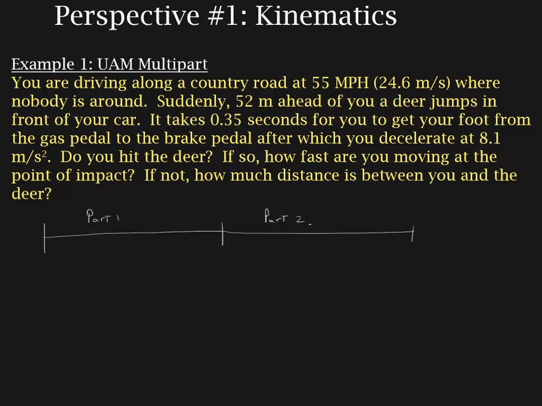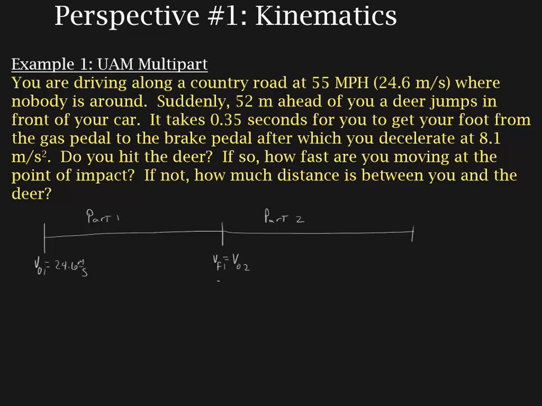Now remember, when we draw our diagram, we always want to be very particular about labeling what's going on where in space. So we're going to say this is V initial of part one, which is equal to 24.6 meters per second. And at this point, we have V final of part one, which is also equal to V initial of part two, because it's the same point in space.